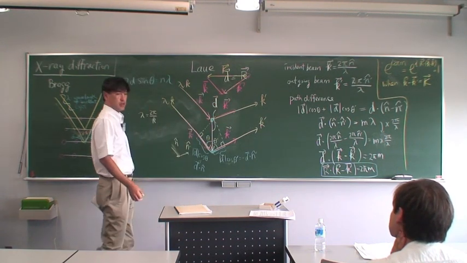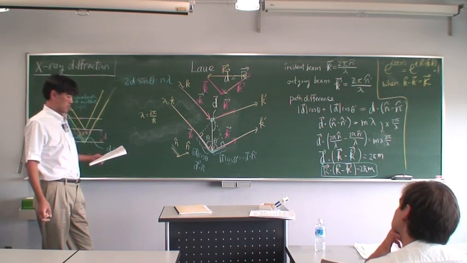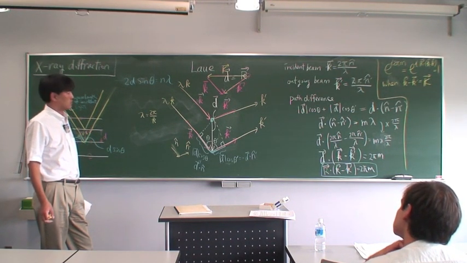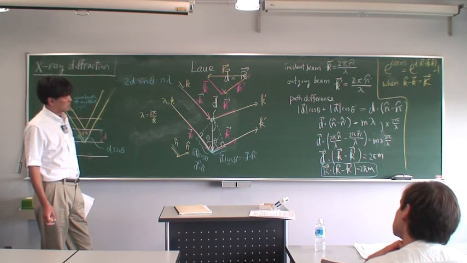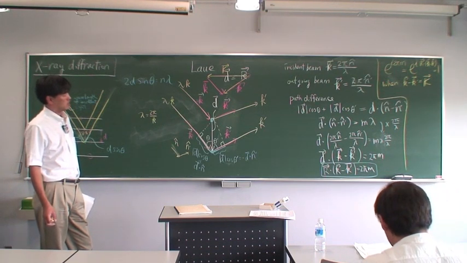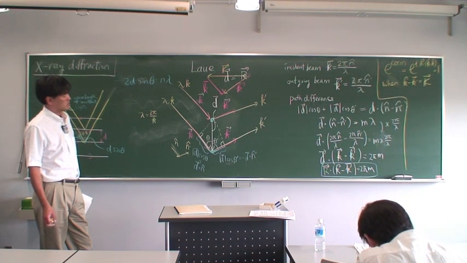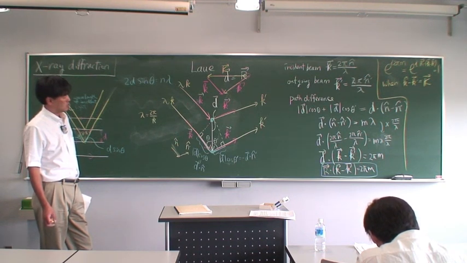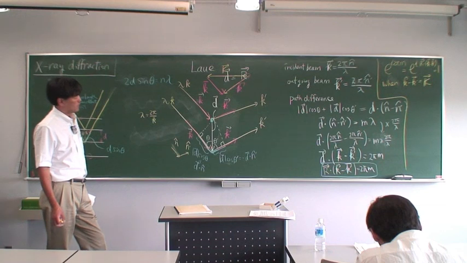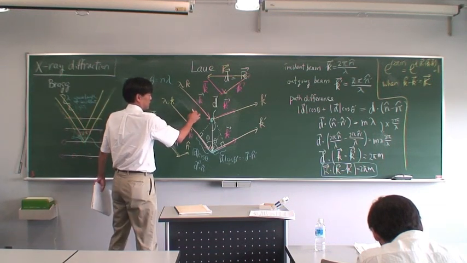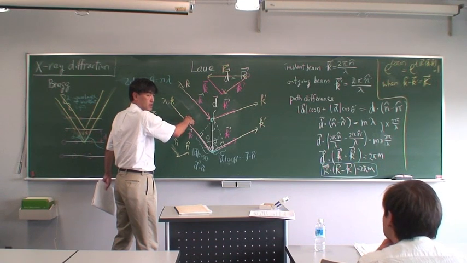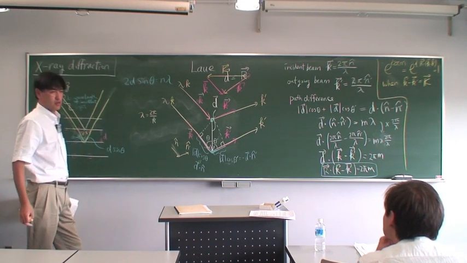K minus k prime is this one. Yeah. In fact, k minus k prime can go this way and go to k, right? But I guess it's okay. It's the same thing.